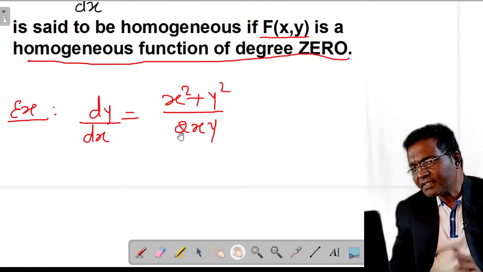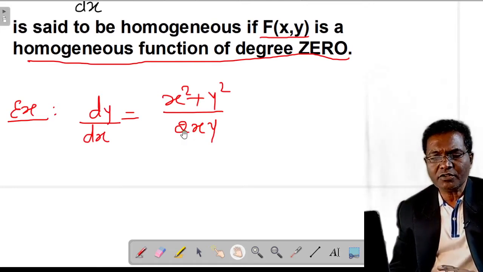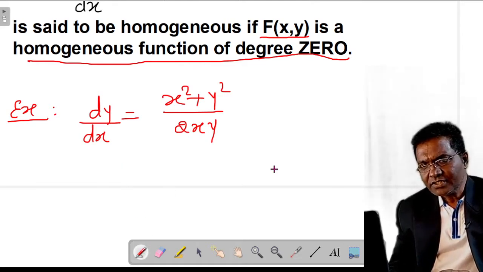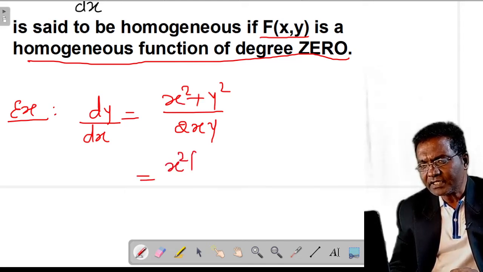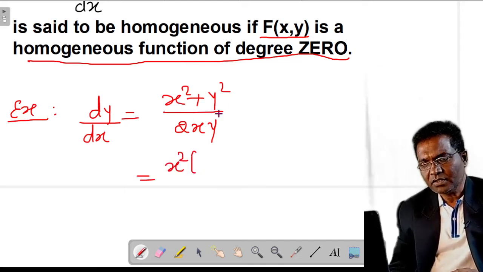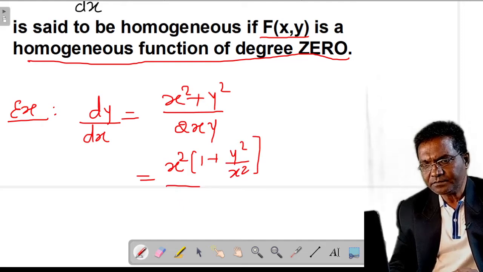Now whether this is a homogeneous function of degree 0 or not, you have to check. Okay, so here clearly, if I take x square common in the numerator, what will you get? 1 plus y square by x square.